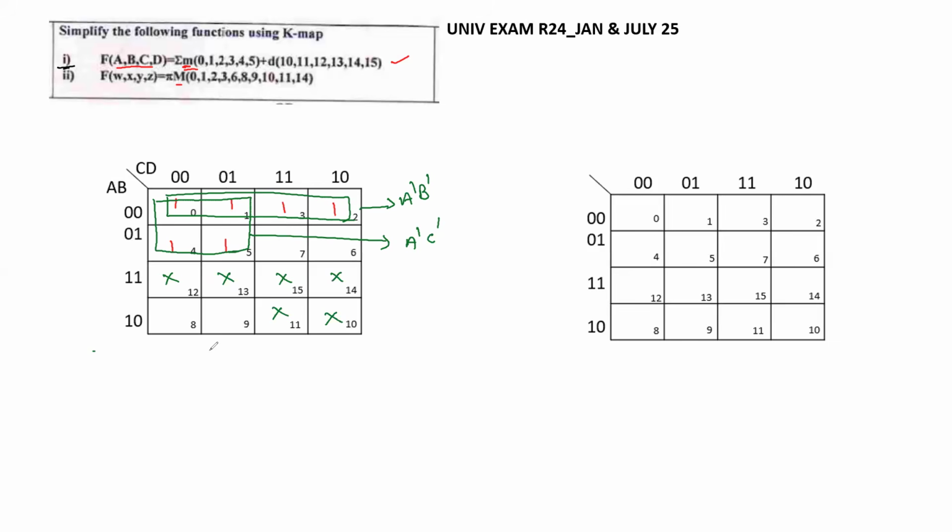So finally F equals A dash B dash plus A dash C dash. Here two AND gates and one OR gate are required. If we take A dash common, we get inside the bracket B dash plus C dash.